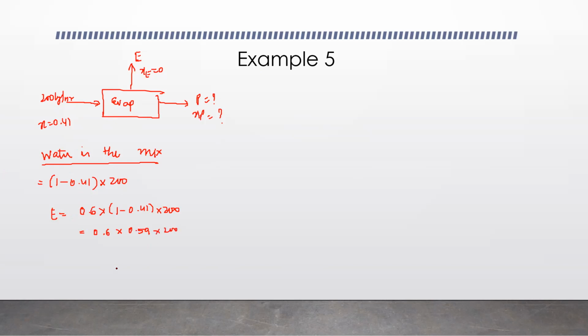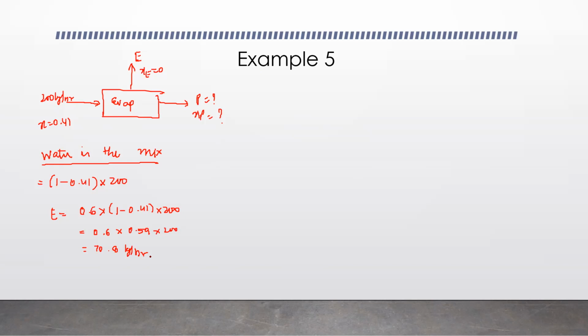All right. Hope you people could get what I'm trying to say. So the water evaporated comes as 70.8 kg per hour. How did we calculate? 60% of the water that was present in the solution. So water present in the solution is 1 minus 0.41 times 200, right?